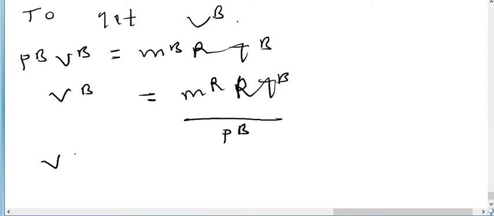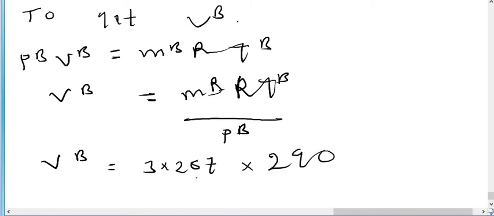I will substitute the given values, which is 3 times R times the temperature all over the pressure, which is 500 kilopascals.